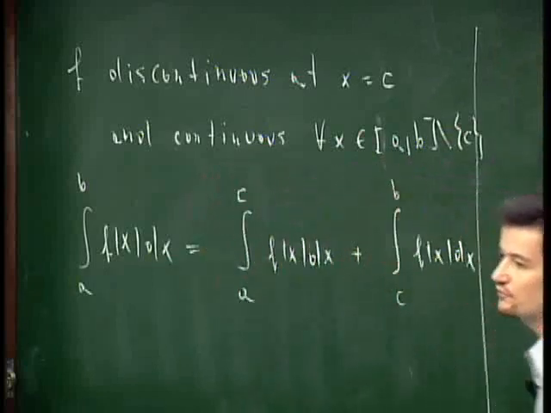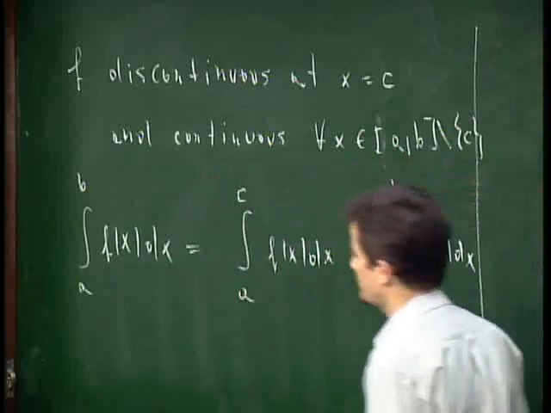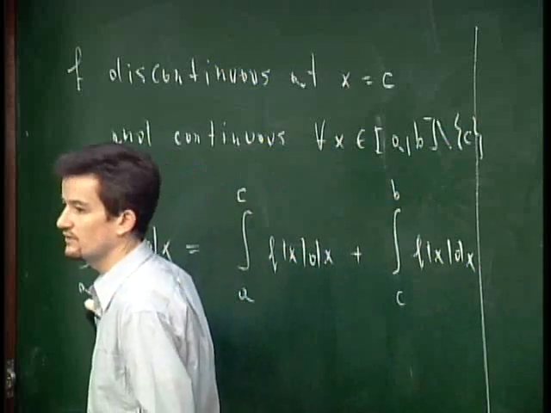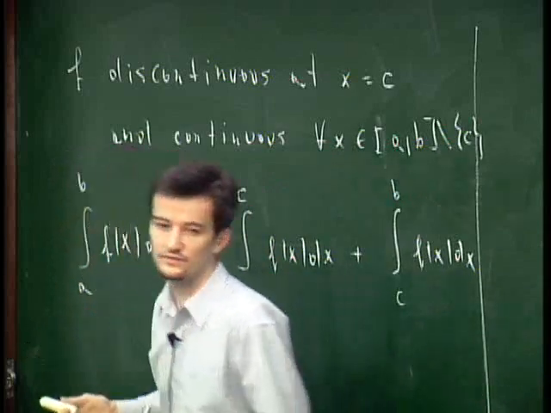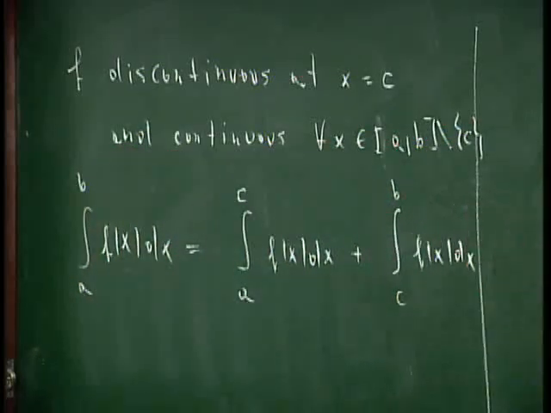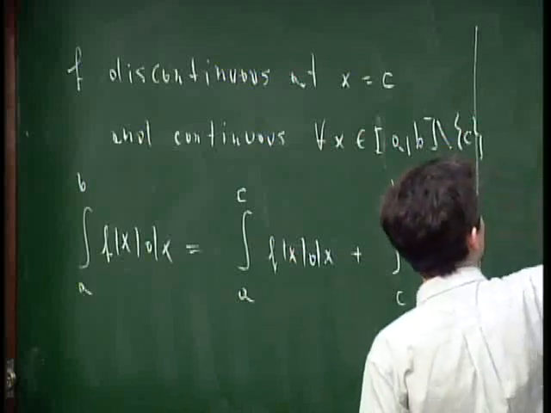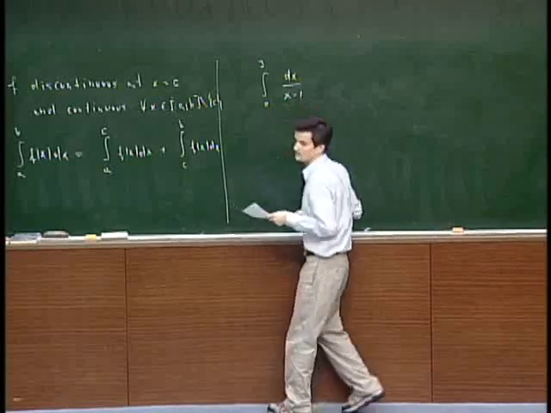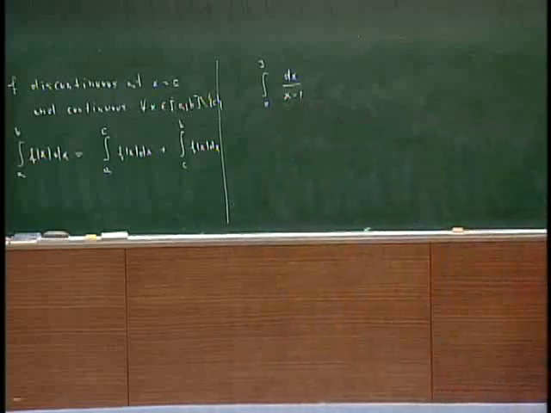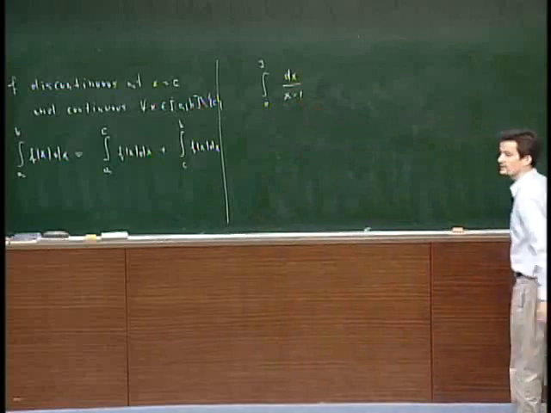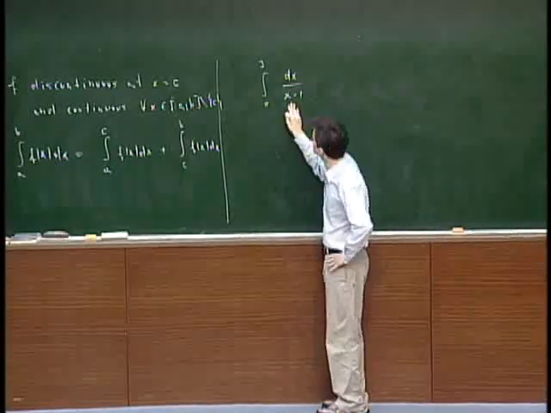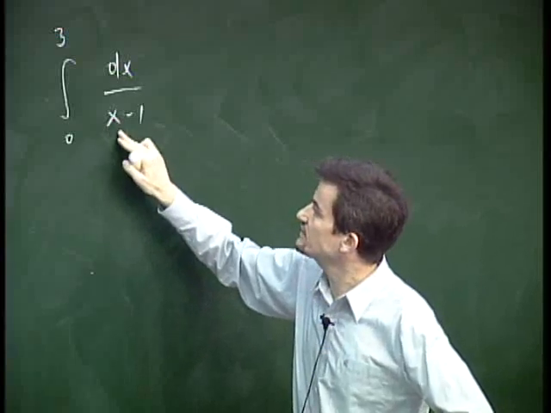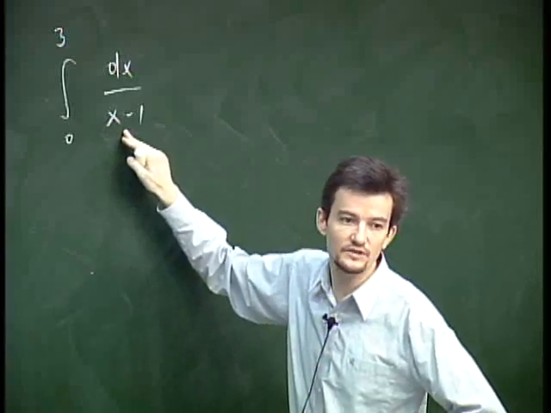Here you have to be careful, because sometimes it's easy to overlook that there is a discontinuity inside the integration interval. You can find an example in our textbook, for instance this example here. If you are not careful enough, because actually this is an improper integral, not a proper integral, since at x equal to 1 this function has a discontinuity.